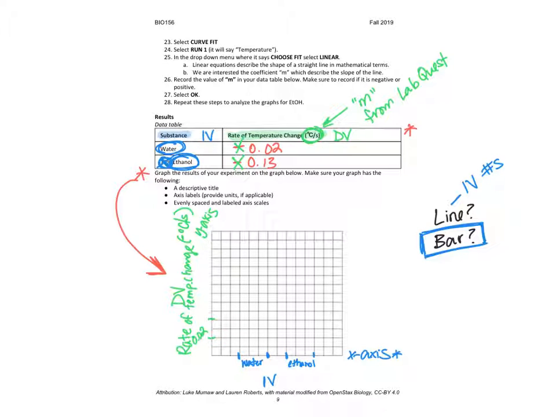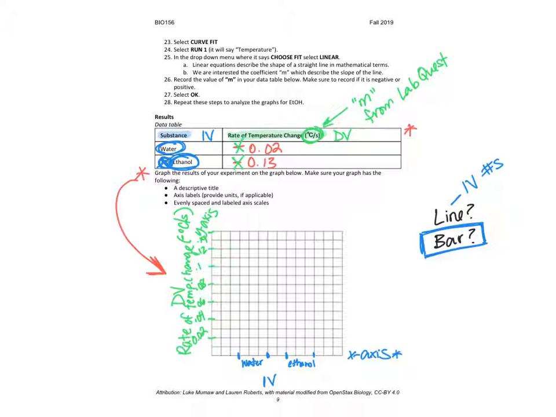So 0.02, 0.04, 0.06, 0.08, 0.1, 0.12, and 0.14. Sorry, hopefully yours is going to look neater than mine.